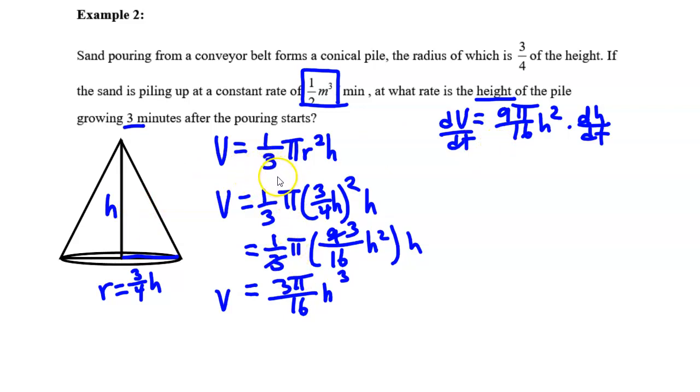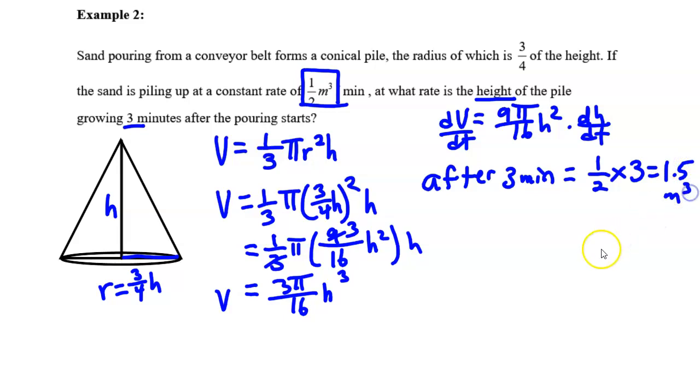So what we're going to do here is make use of this volume rate, which says we've got half a cubic meter every minute. After 3 minutes, we will have half times 3 minutes, which equals 1.5 cubic meters.